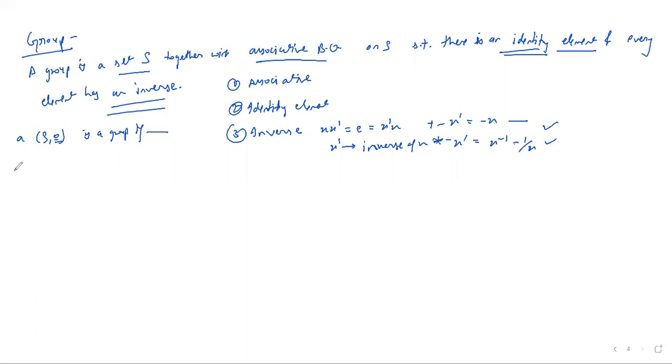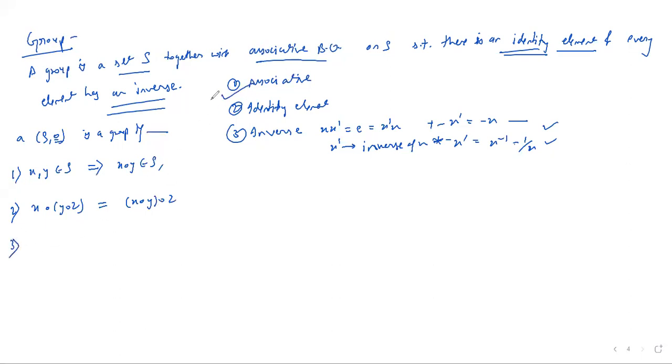The first axiom is x comma y belongs to S, then x o y also belongs to S. The second axiom is associativity, that x o y o z equals x o y o z, it has to be associative.